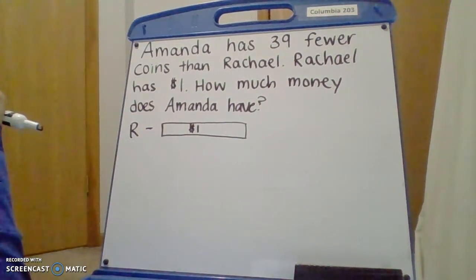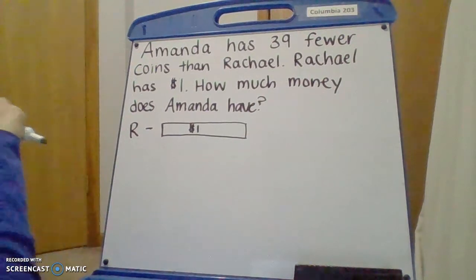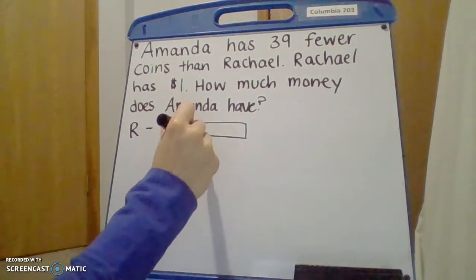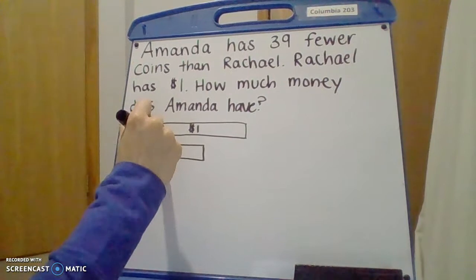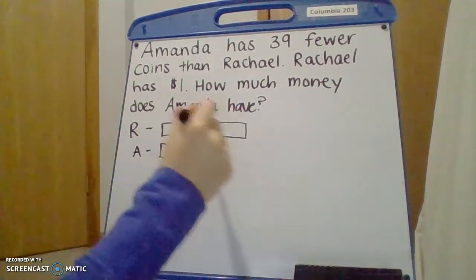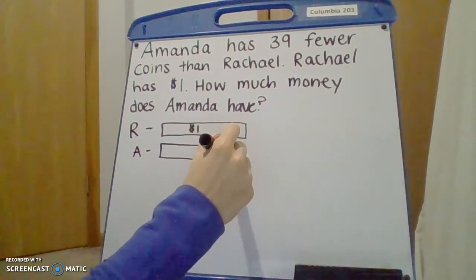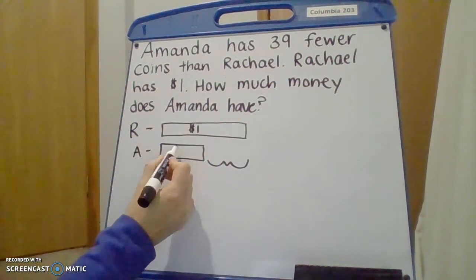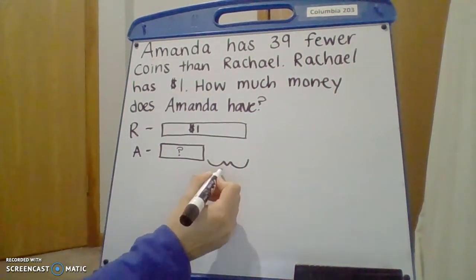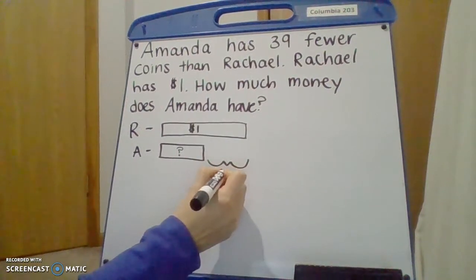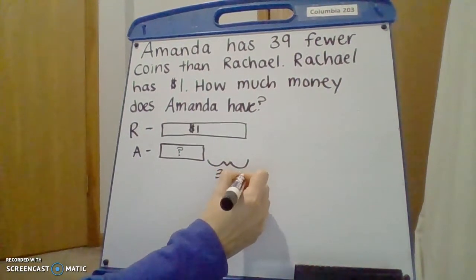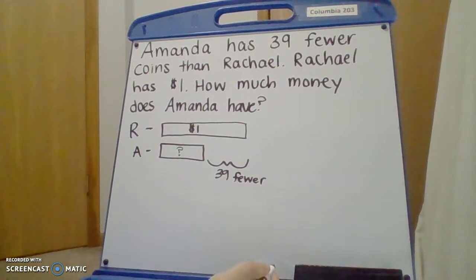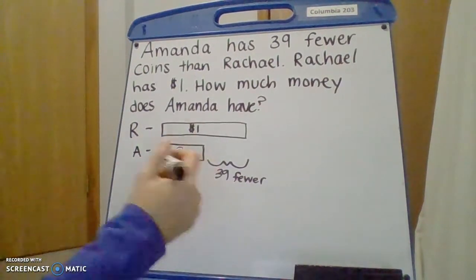And Amanda has 39 fewer coins than Rachel. So we don't know, A for Amanda. It doesn't tell us how much Amanda has, but it tells us that she has 39 fewer. Okay, so that's one way we could write it.